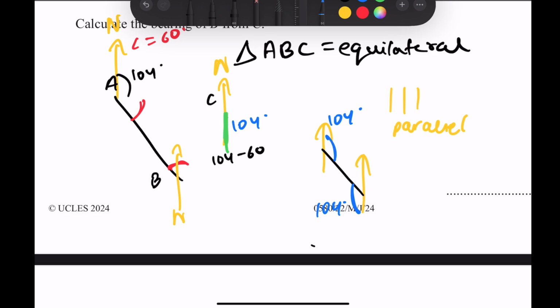So this small angle is equal to 104 minus 60, which is equal to 44 degrees.